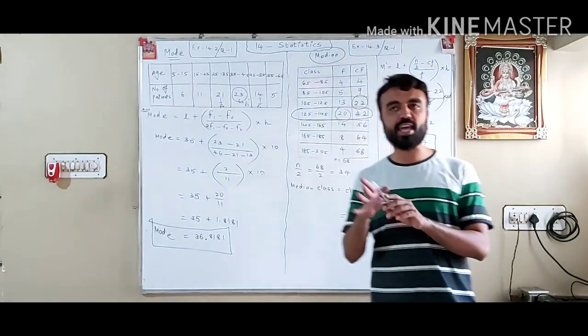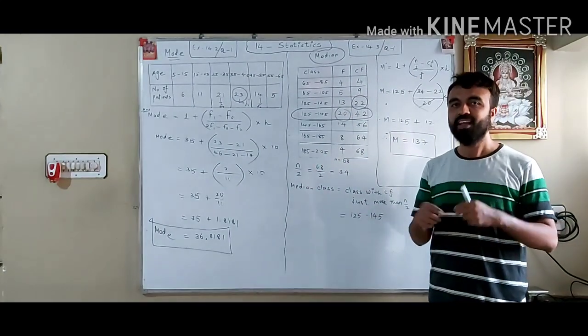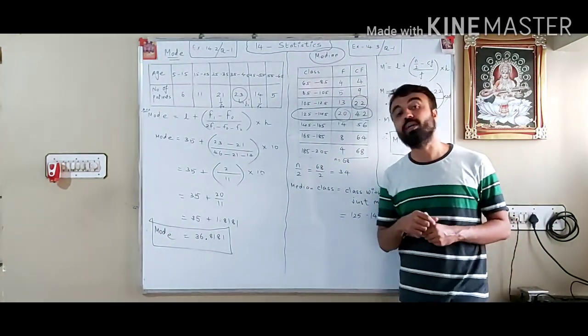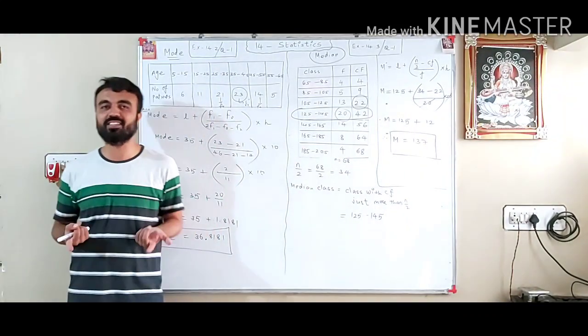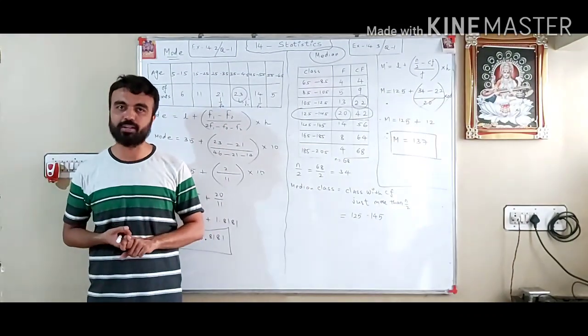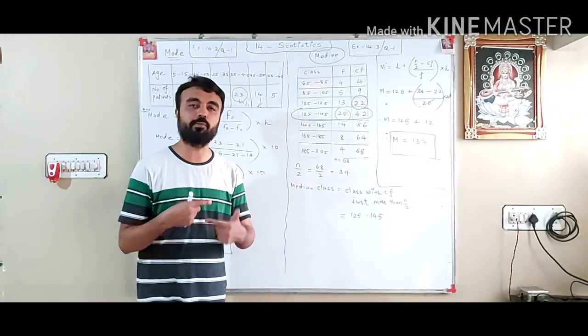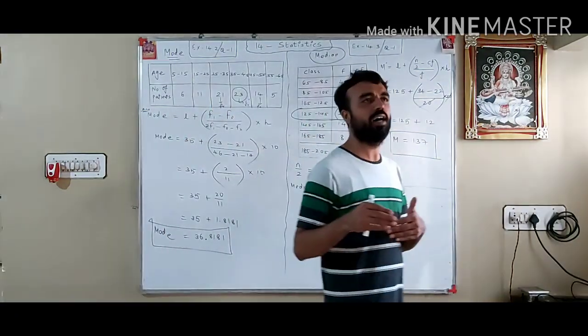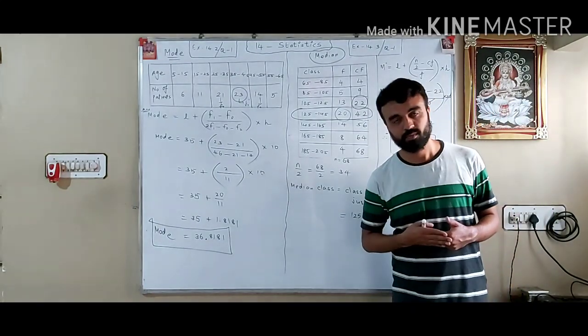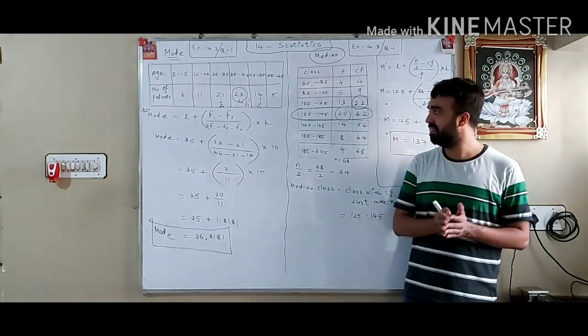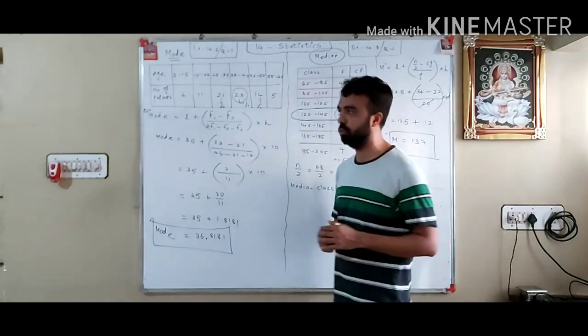We will not take this type of normal sum. There are one or two special types of sums which I need to teach you, and without teaching it, you will not be able to solve it. So in the next class we'll be talking about the same topic, median, but with some special sums.